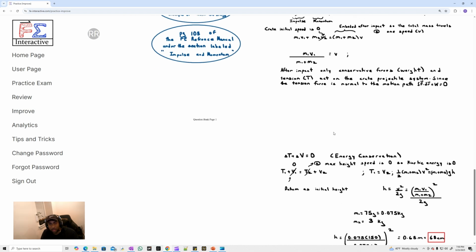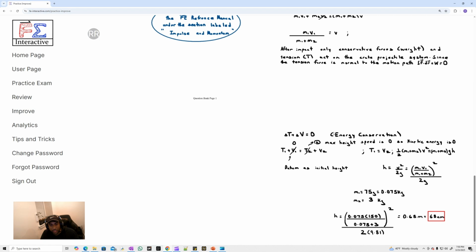Knowing the speed that that combined crate and ball is going to move at, we know that we have energy conservation because the tension doesn't do any work. And the tension being a non-conservative force, which is not doing work, and the only other force being the weight, means that we can use conservation of mechanical energy. Using conservation of mechanical energy, we're able to solve for that final height, the maximum height that that combined system can reach when we convert all of that kinetic energy at that point A that we were calling before to potential energy at that point B we were calling. And we see that the final answer is 68 centimeters.